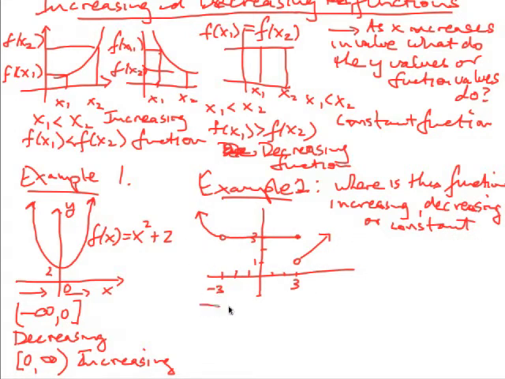Remember we're always looking at x increasing here. So as x increases, what does the function do? Well, notice it's coming down to this point here. So from here on up to negative 3, so negative infinity to negative 3, we're going to have that it is decreasing.